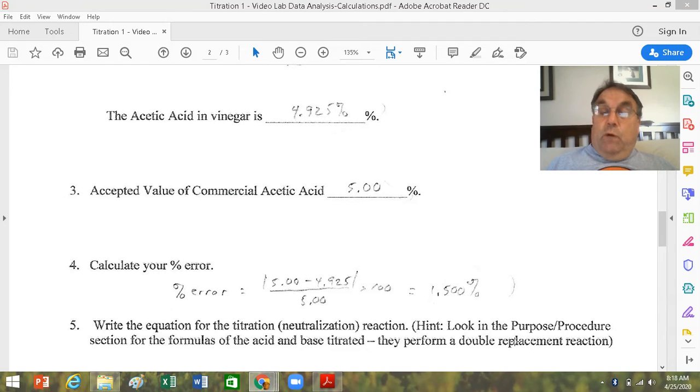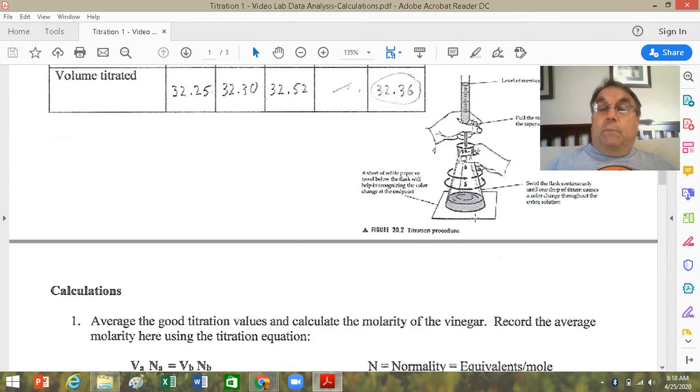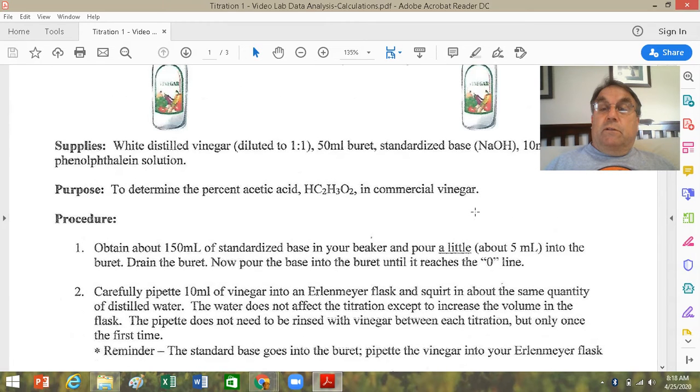Now, the balanced equation: look in the purpose and procedure section. We go back to the beginning, purpose and procedures, the 2 things we mixed, vinegar with sodium hydroxide. When you add an acid to a base, what happens?